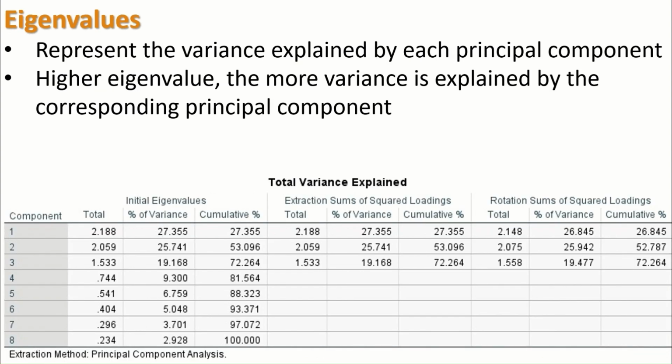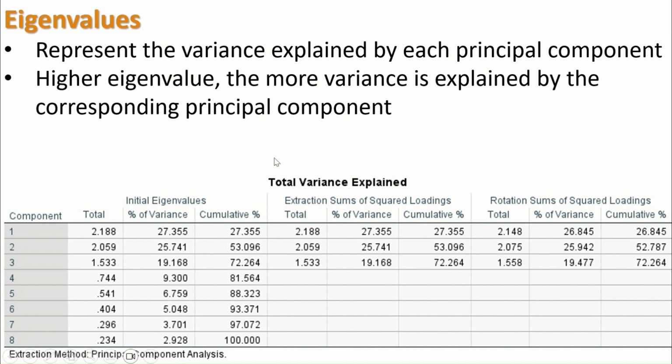For the eigenvalues, when performing the PCA, the eigenvalues are set as greater than 1. So what does this eigenvalue mean? It represents the variance explained by each principal component. The higher the eigenvalue, the more variance is explained by the principal component.